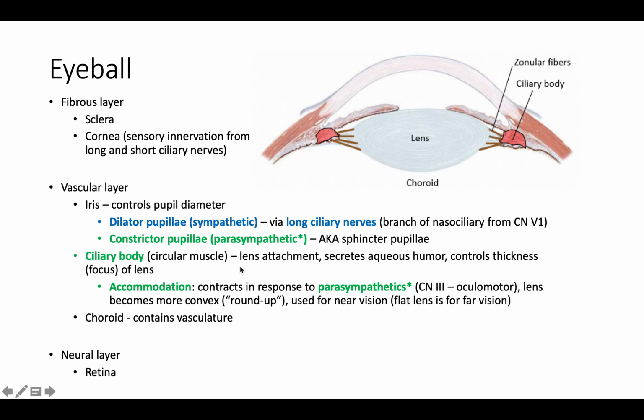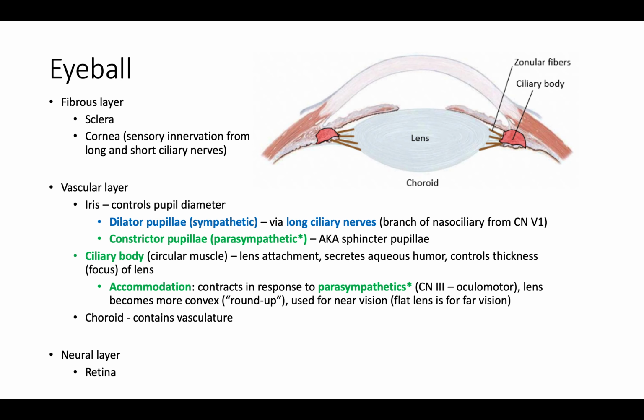It's what the lens attaches to, and it also secretes this aqueous humor and controls the thickness of the lens. So Dr. Hermy liked to call it that it's rounding up. And so the ciliary body helps with accommodation. So if you're looking at something close to you, your eyes accommodate so that you're able to read.